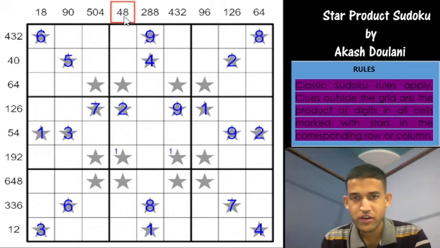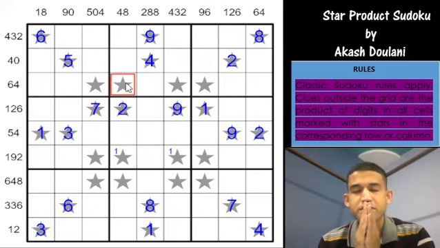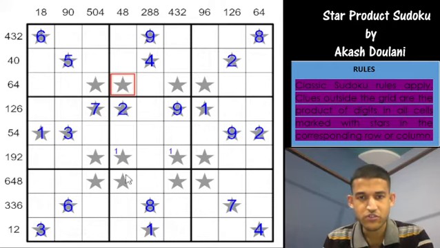Let's look at 48 clue. 48 divided by 2 is 24, so I need 24 as product of these cells. 24 is 3 multiplied by 8 or 4 multiplied by 6. So it is 138 or 146, because I can't factorize 8 or 6 further. That's not possible. So it's 138 or 146, right?